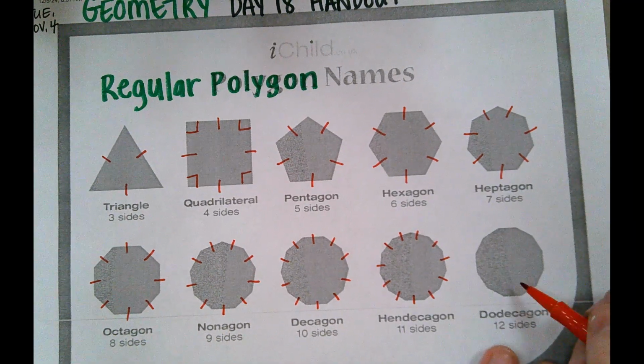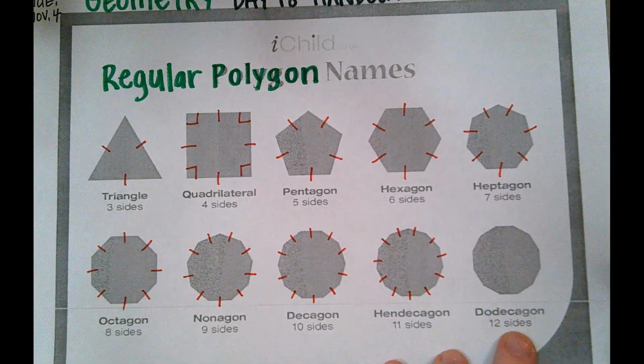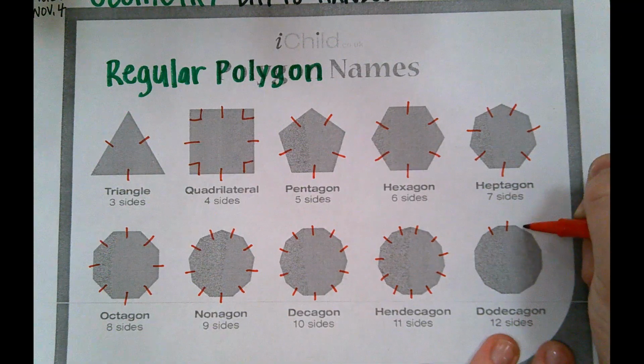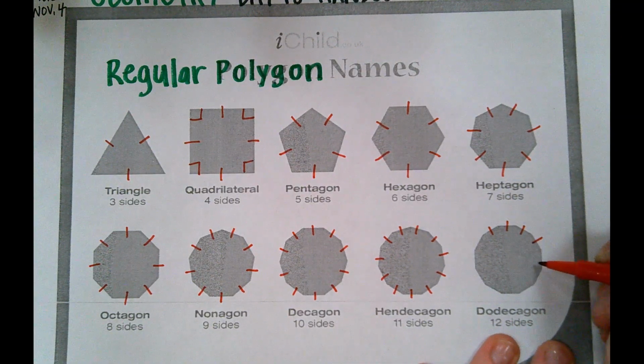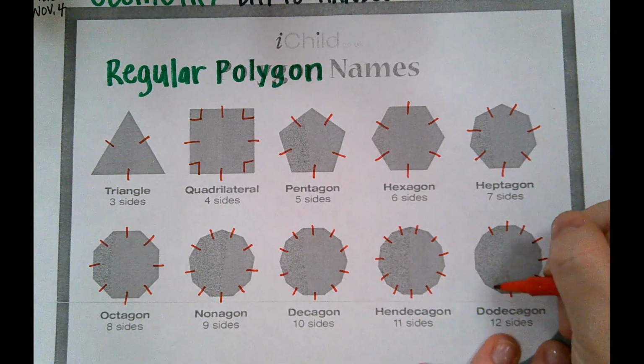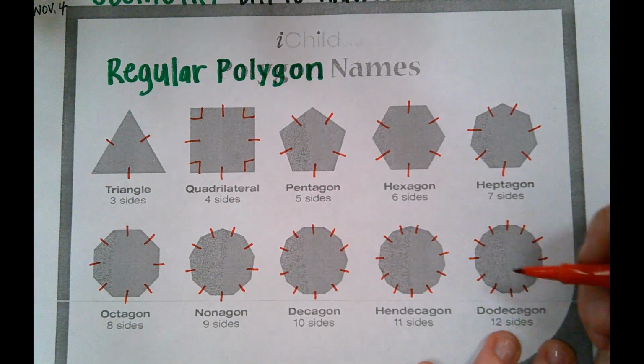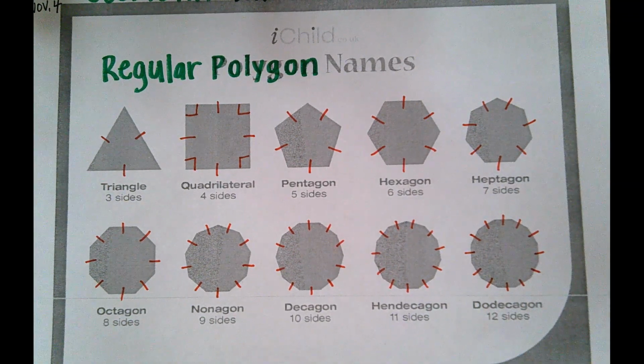The next one is 11 sides. And dodecagon, that's 12. It's harder to see the lines the more there are. 1, 2, 3, 4, 5, 6, 7, 8, 9, 10, 11, 12. Okay.